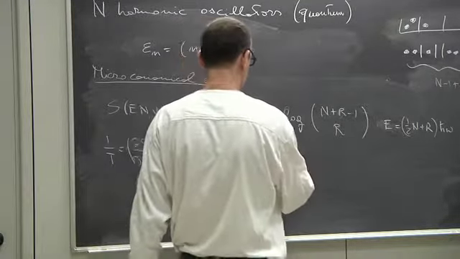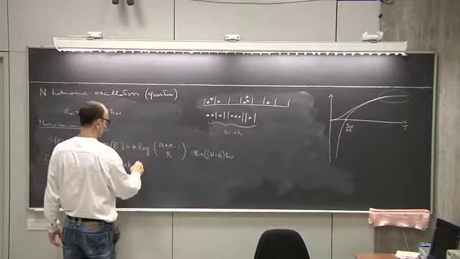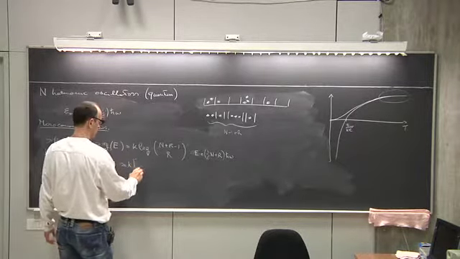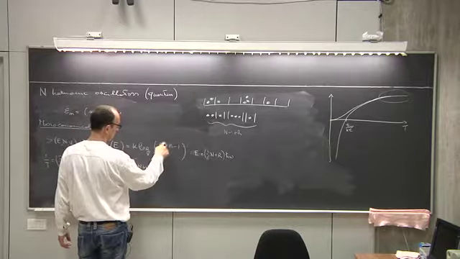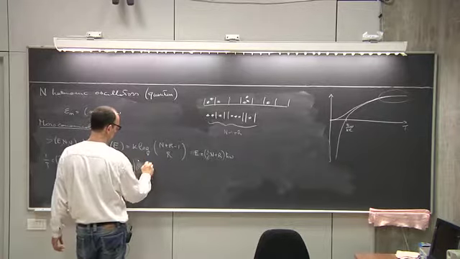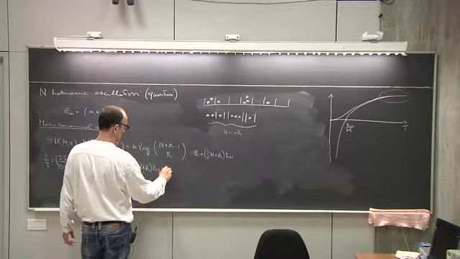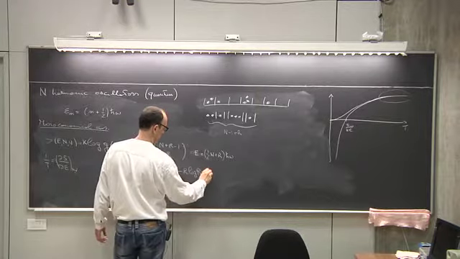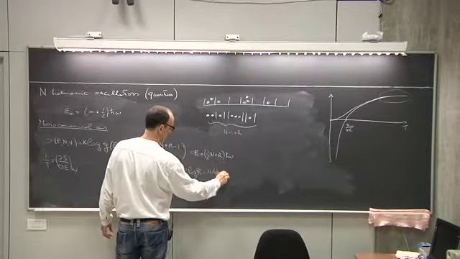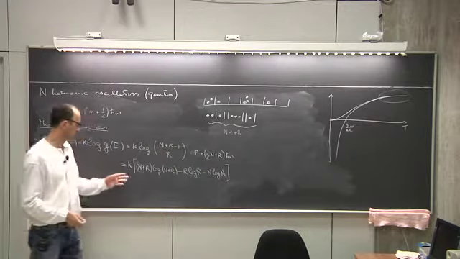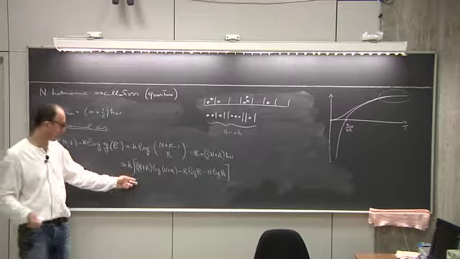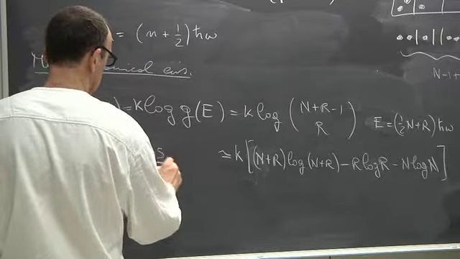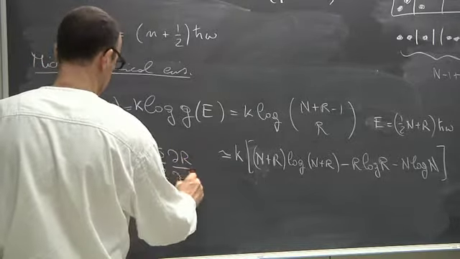So by the Stirling approximation, this will be essentially log n plus R, and you can also approximate n plus R minus 1 with n plus R. So you can use this expression for the entropy, and then you compute the temperature, which is just dS dR times dR dE.